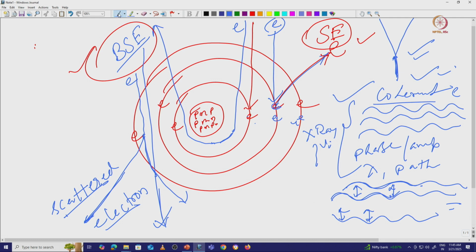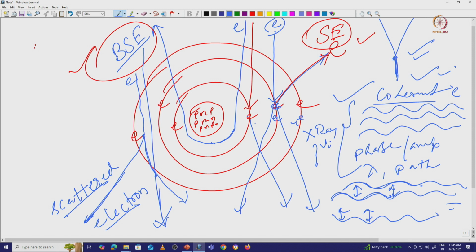Now in this particular case you can see that the electron is coming here, it interacts with this electron, and then definitely due to this collision there will be some energy loss. What will happen? This electron will also be scattered at a different angle and different direction, even this one also at a different angle. This is called inelastically scattered electron.